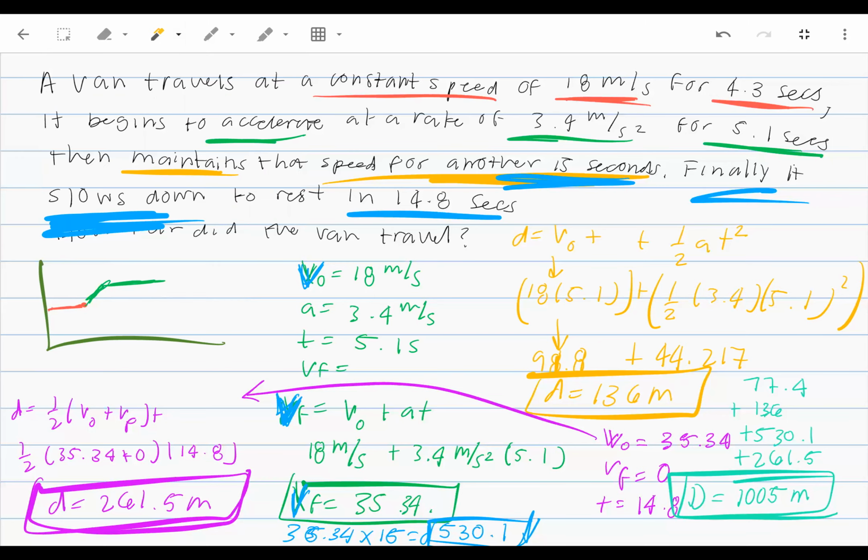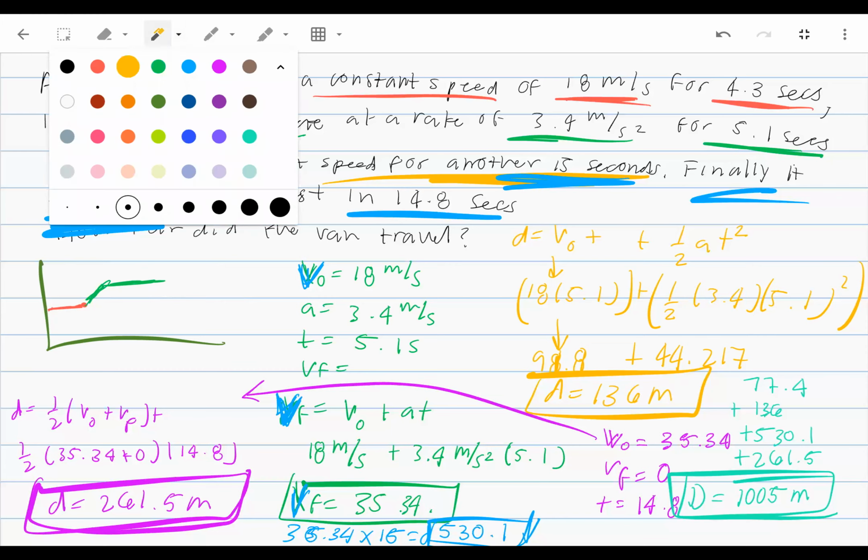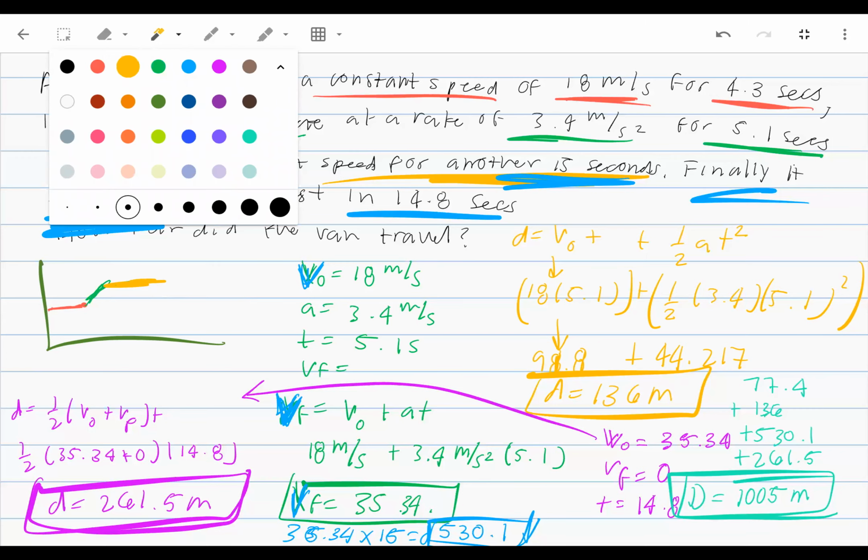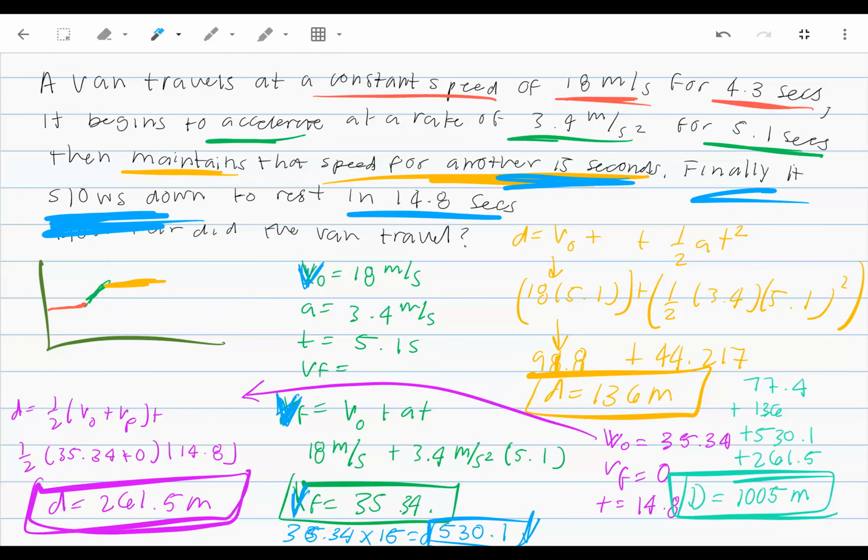So just make sure you multiply 35.34 by 15 because that is the constant time for how long it's spent. And then finally it slows down in 14.8 seconds, which we did in blue, and it comes to a stop.